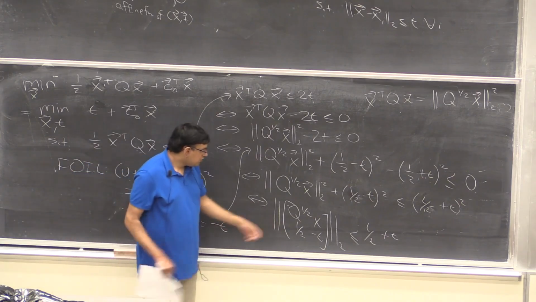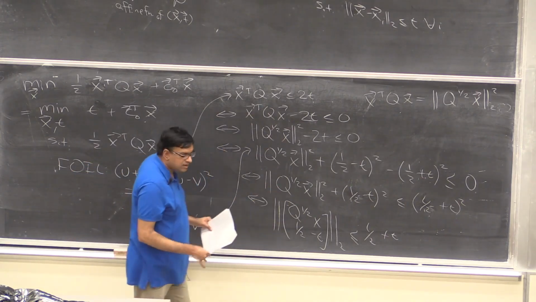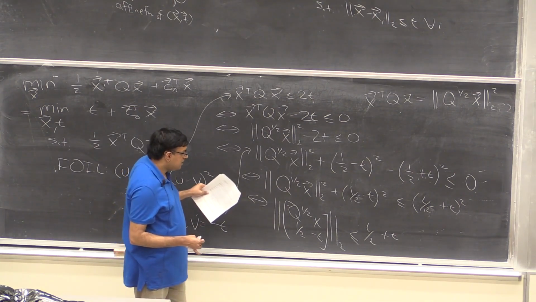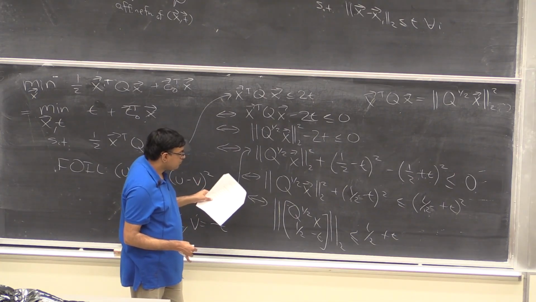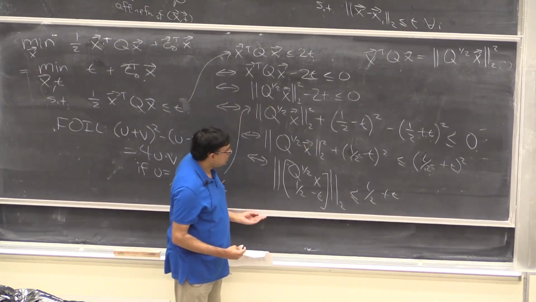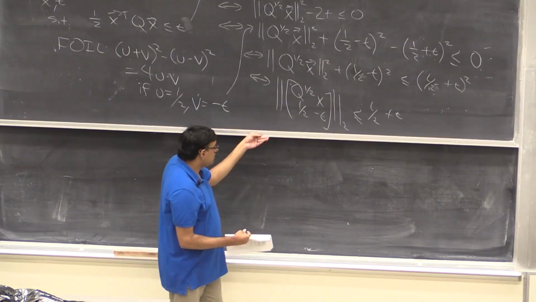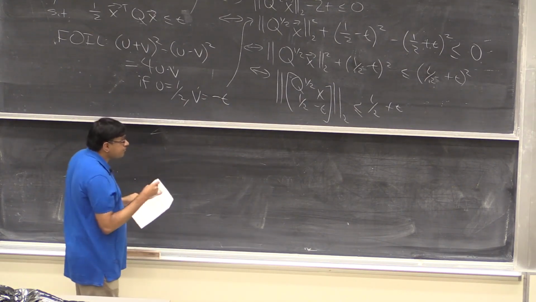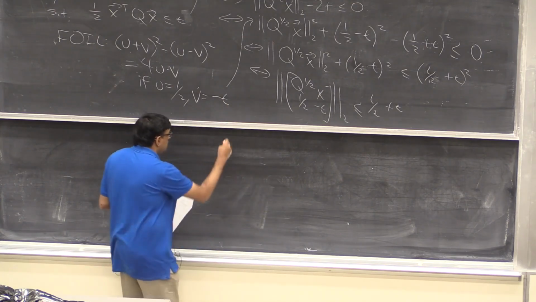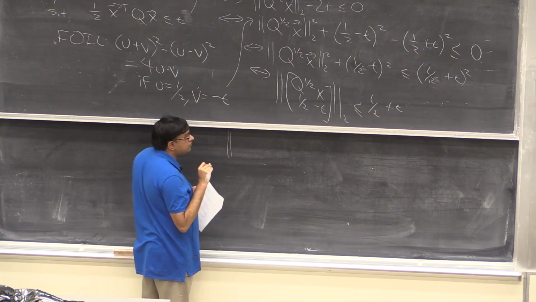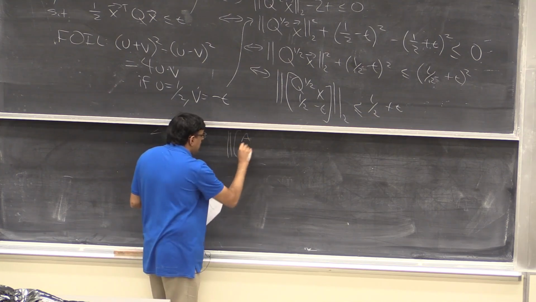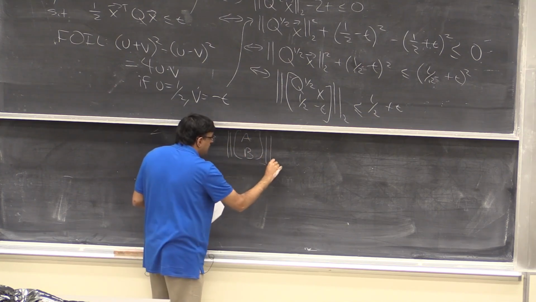This one? Yeah. So if we take square roots on both sides here, then the first component of that square root is going to be, okay. So the following is true, okay?